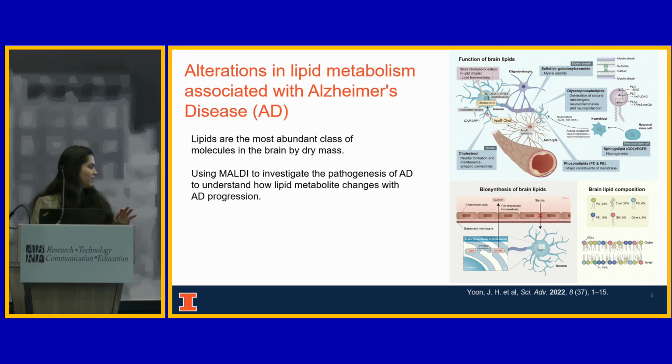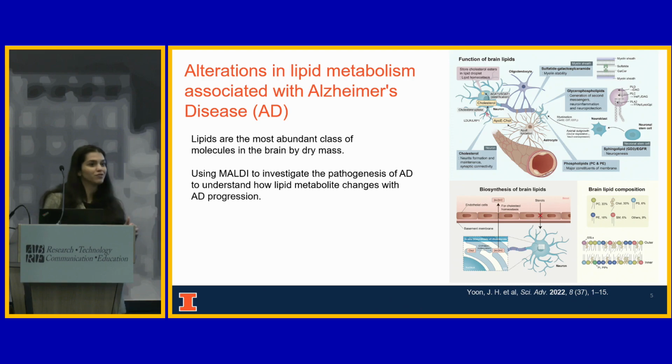Okay, so now that I have shown you guys different ways of doing mass spectrometry imaging, what I am studying, along with a few collaborators, is looking at alteration in lipids and lipid metabolism in Alzheimer's disease. This complicated image that I have here is just to tell you that lipids are very important in the brain.